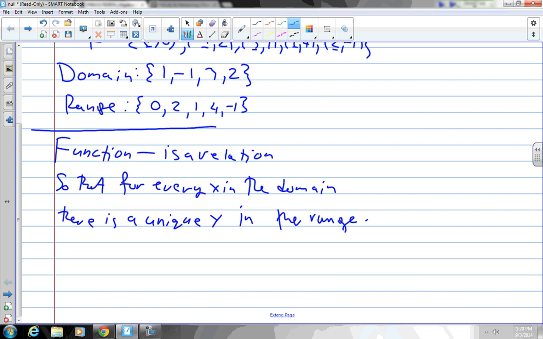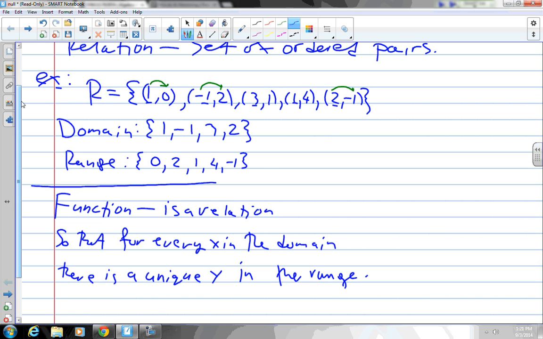What this means is that the same x value cannot relate to two different y values. That's what it's saying. So an example: here you see the two ordered pairs (1, 0) and (1, 4). You have the same x value relating to two different y values, so this particular relation is not a function. We don't want to see that repetition in the x.